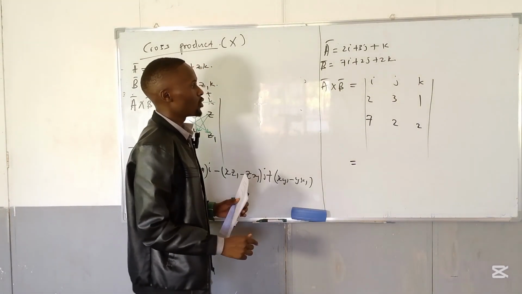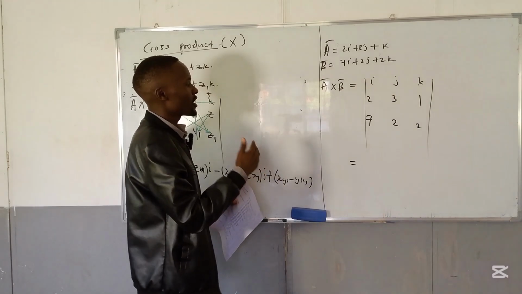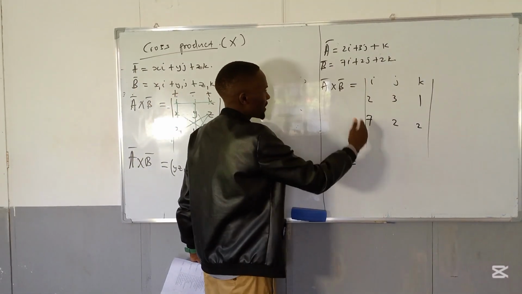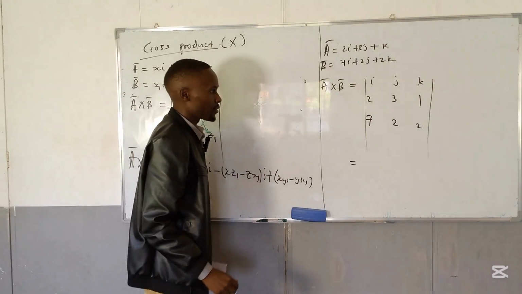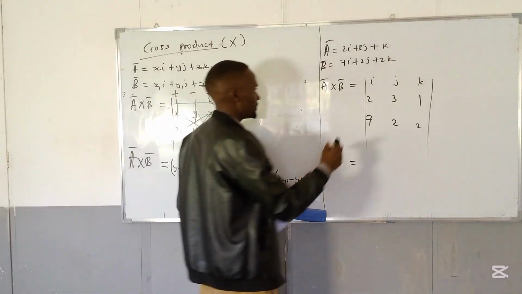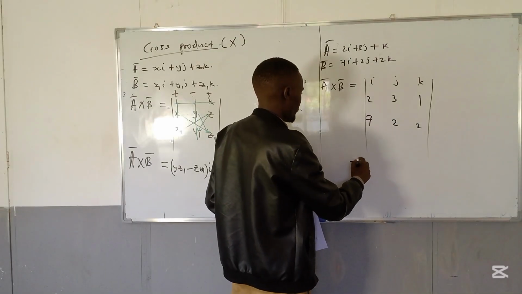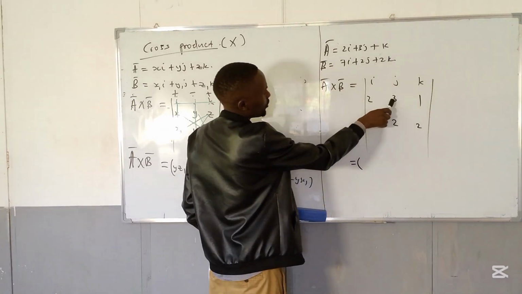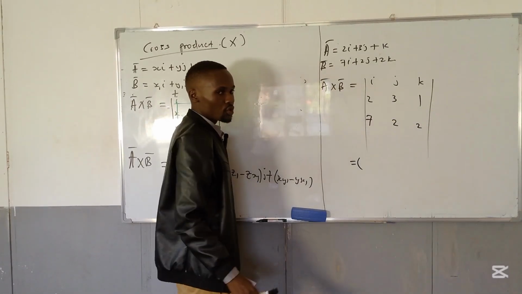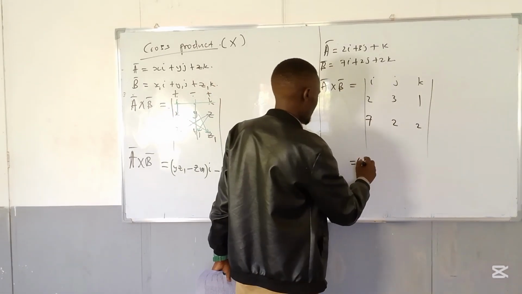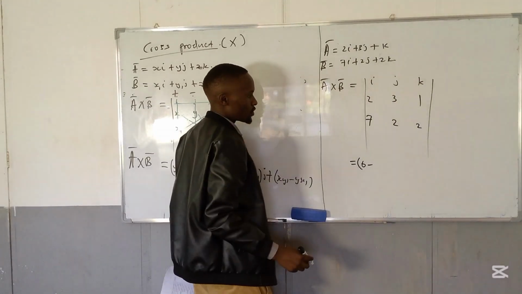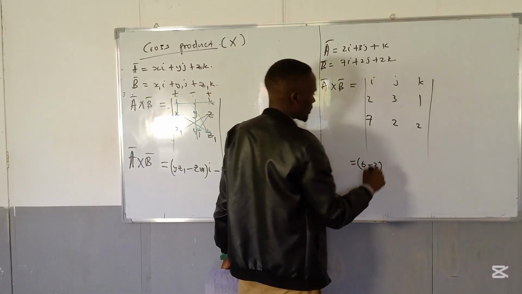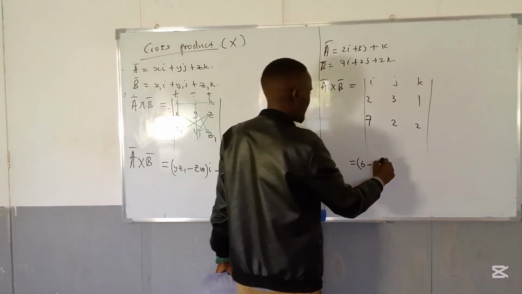When you're looking for the value in the I direction, you close this part and also this, and you look for the determinant of the product. So it will be bracket 3 times 2, which gives us 6, minus 1 times 2, which gives us 2. We are dealing with the I direction.